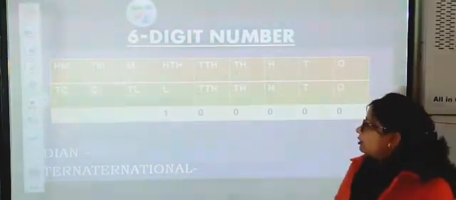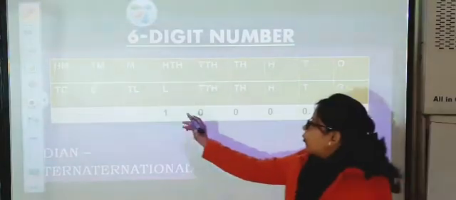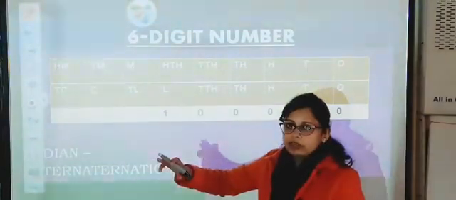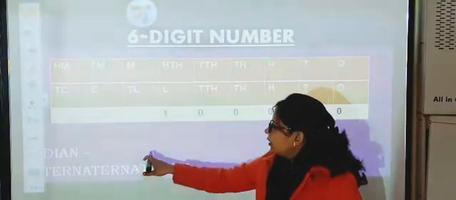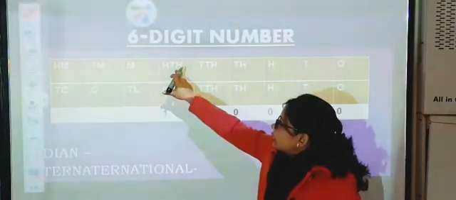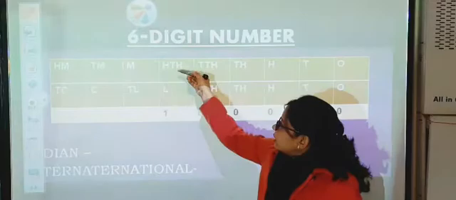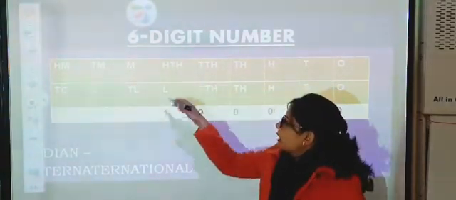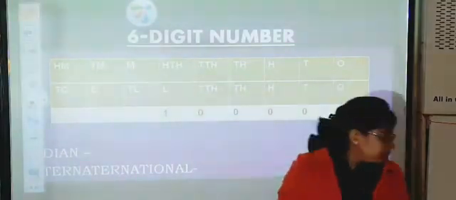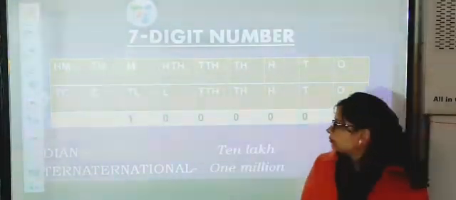So children, in a 6-digit number, as you can see, according to the Indian number system, 1 lies in the lakh group. So we will call it 1 lakh, and according to the international number system, 1 lies in 100,000. So the place value of this will be 100,000. Now let's see what about a 7-digit number.